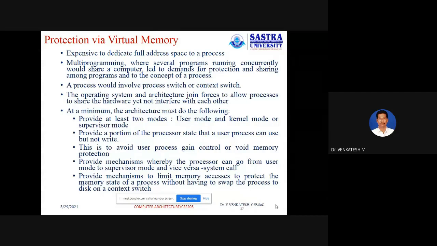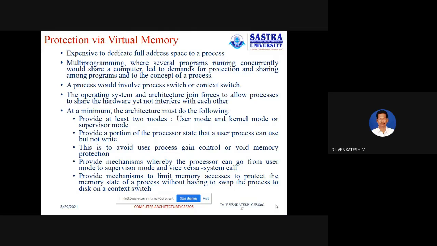After that it will jump to a particular place where this high privilege process will be carried out. After that it will come back to the lower, less privilege level, and then resume that process. For that we use something called a system call.